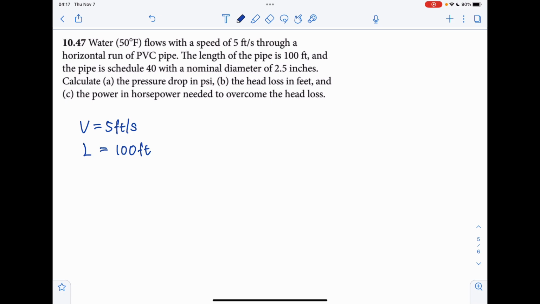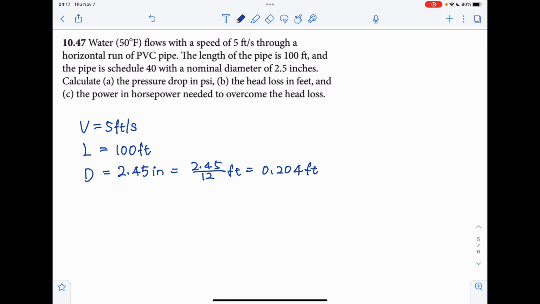The pipe has a nominal diameter of 2.5 inch, so the actual diameter should be 2.45 inches, which equals 2.45 divided by 12 feet, which is 0.204 feet.